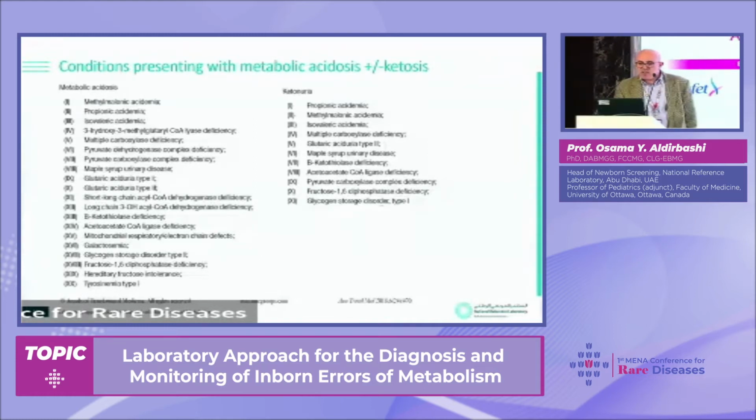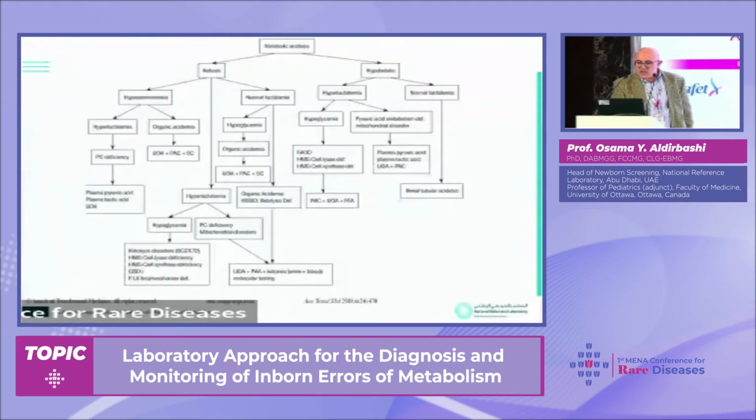So if a patient is presenting with metabolic acidosis, we look at ketone plus, ketone minus, and then we can go through the algorithm to find what is the diagnosis. However, the key words in this diagram would be urine organic acid analysis, plasma amino acid analysis, and acylcarnitine analysis. So these are the three main tests that we rely on when we do testing in a biochemical genetics lab environment.